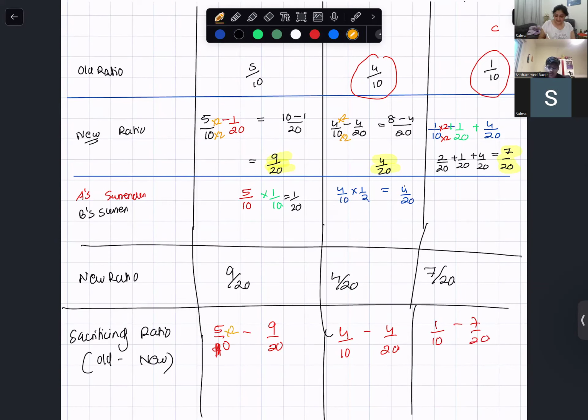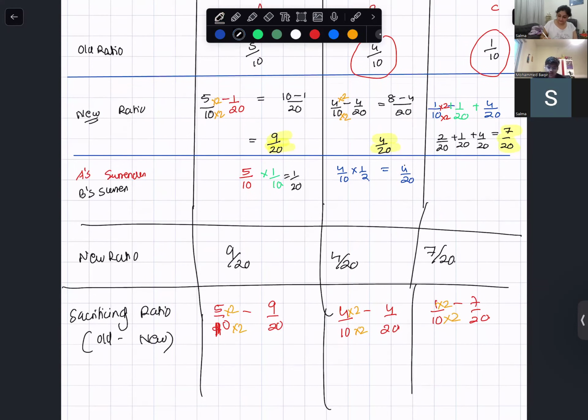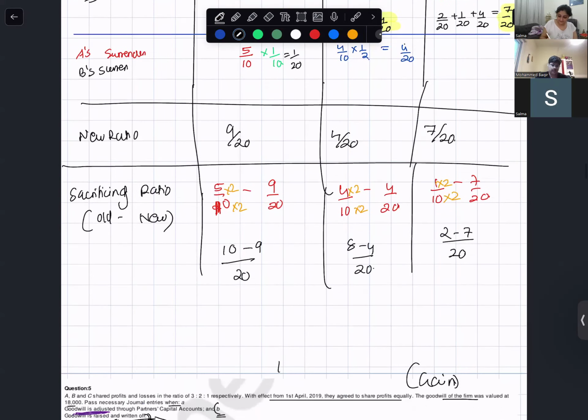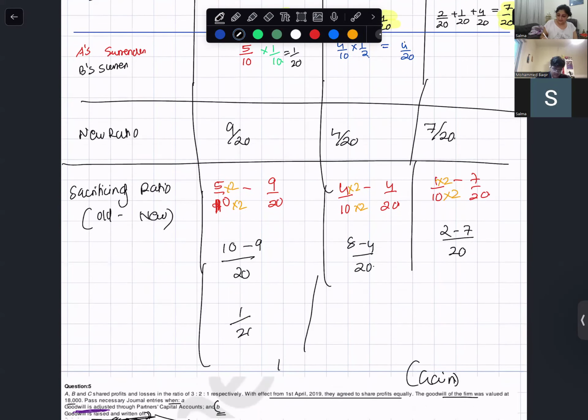I need to make the base same if I want to add or subtract. So this will become 10 minus 9/20, 8 minus 4/20, 2 minus 7/20.